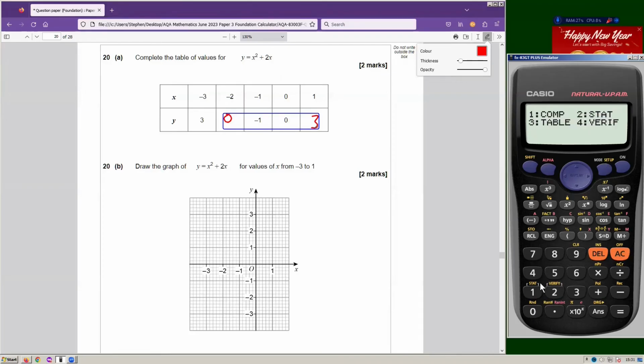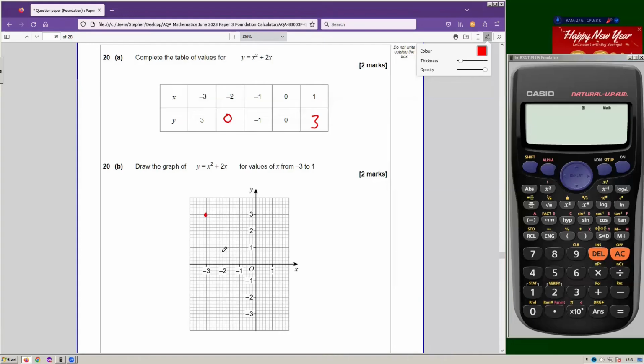Mode, back to my computation. Does that clear everything? Draw the graph. And we've got to draw the graphs from these values, -3, 2, 1. So -3 was 3. -2 was 0. -1 is -1.